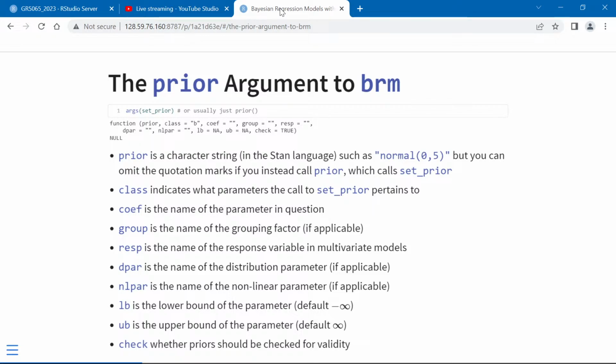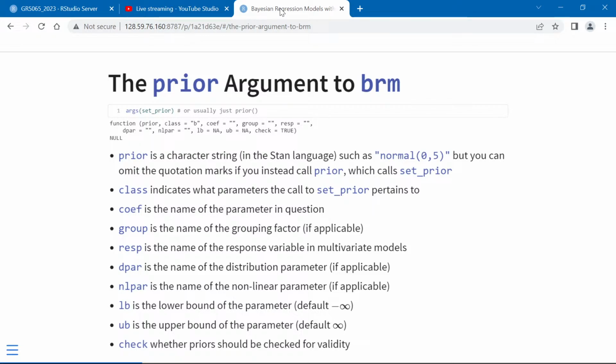And the Stan language doesn't always parameterize these distributions the same way they are done in R. Like 80% of the time, yes, but 20% of the time, no. But if you call the prior function rather than set_prior, you can omit the quotation marks, which are disturbingly annoying. So that's what I usually do.